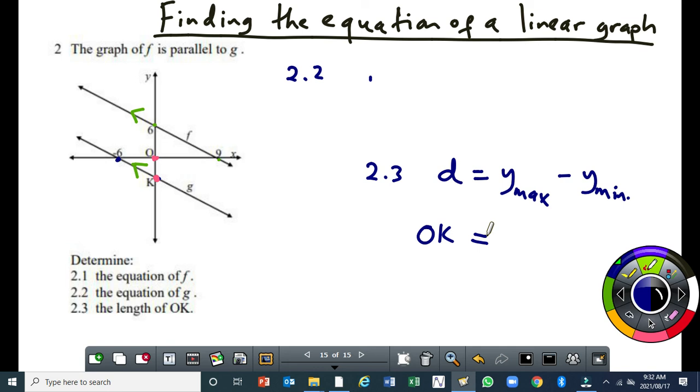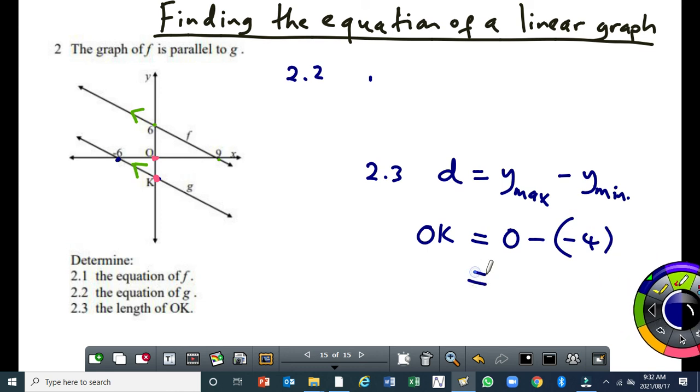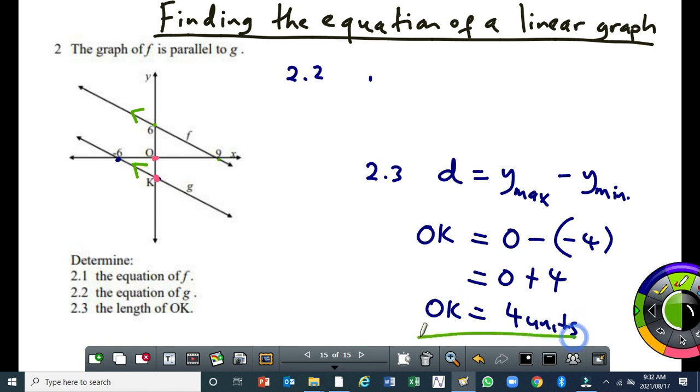Now, which one is greater, 0 or minus 4? It's 0. So our y max will be 0 minus 4. And this will give you 0 plus 4, and you get 4 units as a positive answer. So if you use this formula here, you'll be able to get the answer as a positive straight away without any issue.